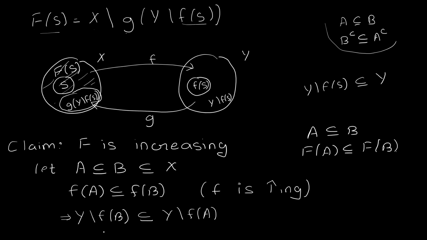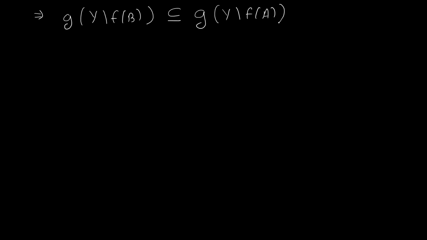Now since this is the case and my g is also increasing, I can say g of this part is a subset of g of this part. So g of (Y minus f of B) is a subset of g of (Y minus f of A), because g is increasing.